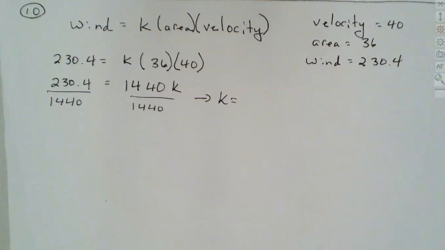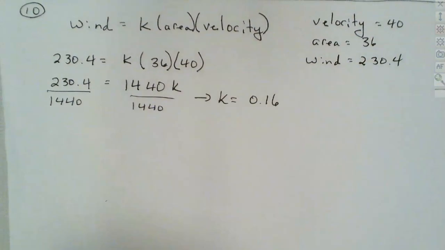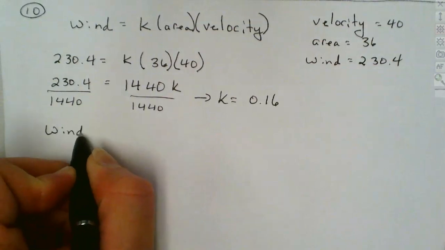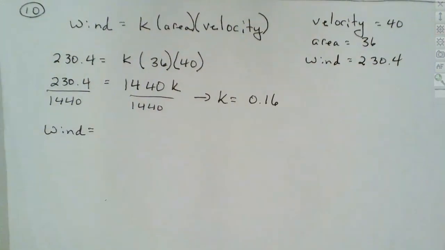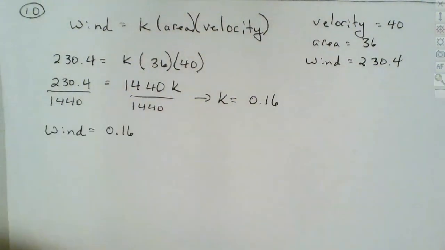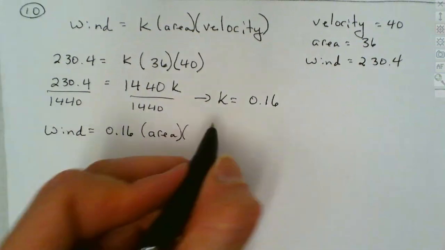So 230.4 divided by 1440, and we don't even have to round. That comes out to be 0.16. So that's our value of K. Now we can rebuild our formula. So the wind resistance or the drag that is experienced is 0.16 times the area times the velocity.